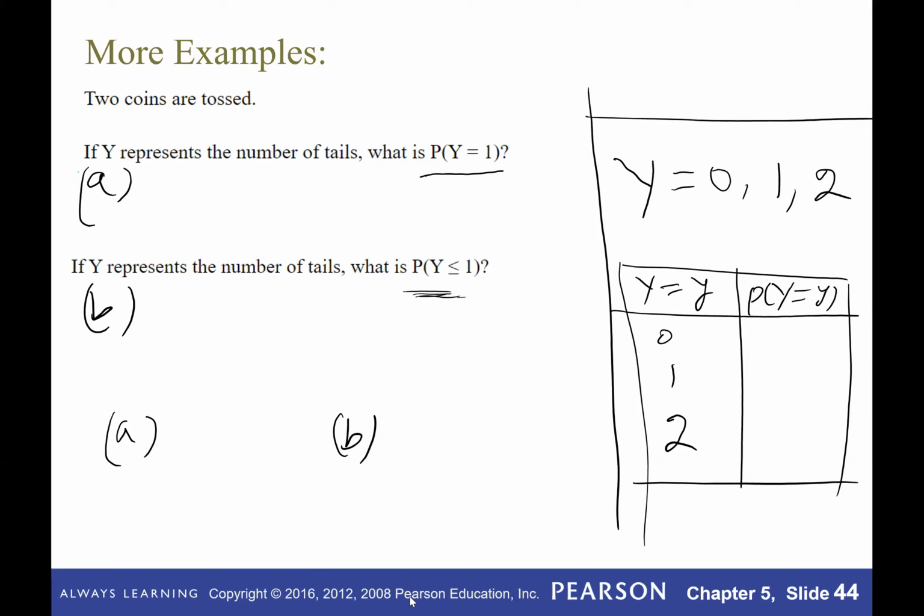Okay, so now the question is, is it possible that the probability could be 2? We know that the maximum probability is 1, right? So the probability can never be greater than 1. And we know that.